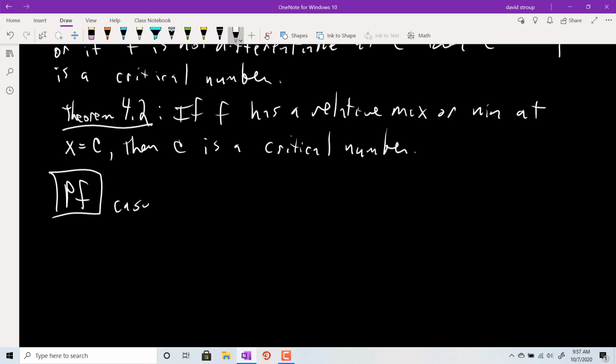So case 1: it turns out that at this relative max or min, the derivative does not exist.